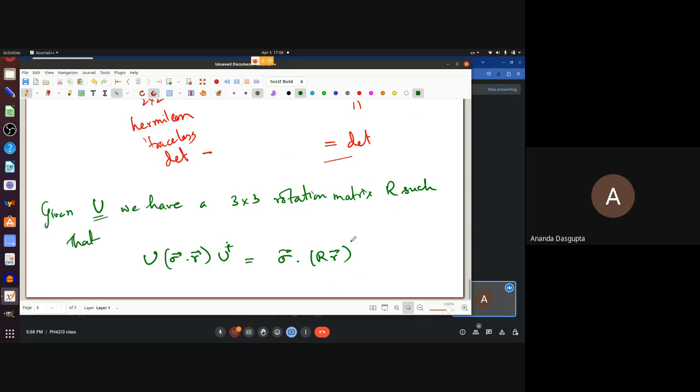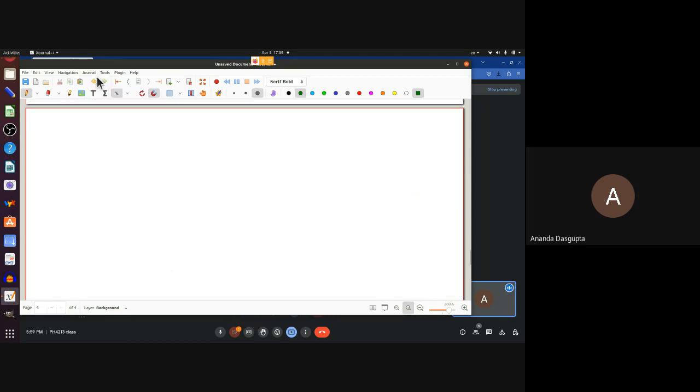For a given U, you have a R. Okay? Remember, this is true for all small r vector. From that, you can easily figure out what the rotation matrix is. I will leave you the task of figuring that part out. But you will all agree that this U defines the rotation?